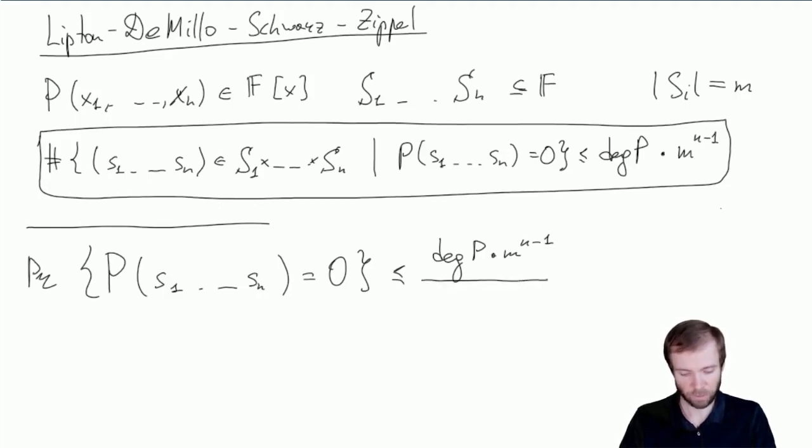And when all the cardinalities are equal to m, the number of all tuples is just m to the power of n, so that simplifies to just degree of p over m. And this is actually the variant of the Schwartz-Zippel lemma that we'll use later on for designing probabilistic algorithms.